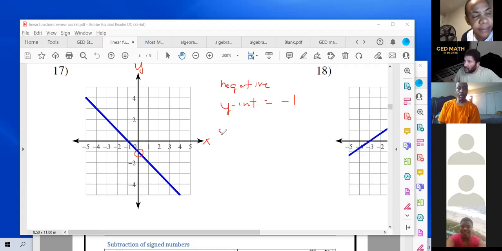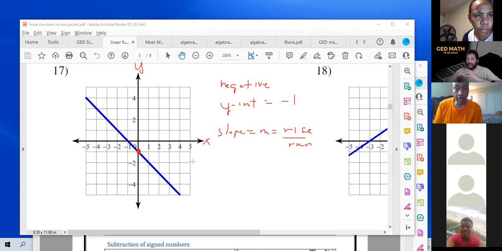Now, in order to find the slope, because we're given a graph, I want to use rise over run. How many points do I need to figure out the slope? 2. Now, should I pick this point here? No. That is a point on the line, but should I pick that one?